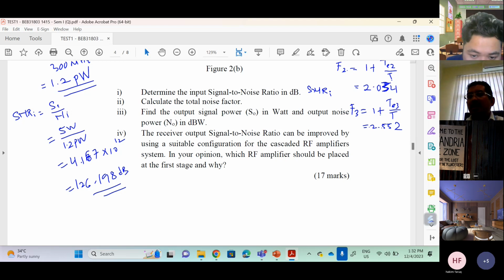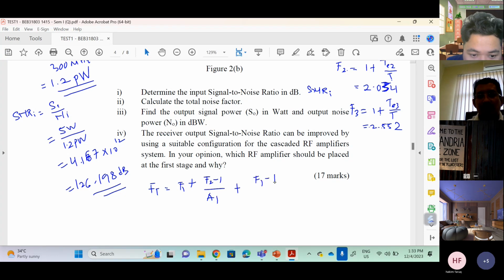Okay. Dan F total, kalau you kira F total, okay, F total bersamaan dengan F1 plus dengan F2 minus 1 over A1 plus F3 minus 1 over A1 multiplied A2.